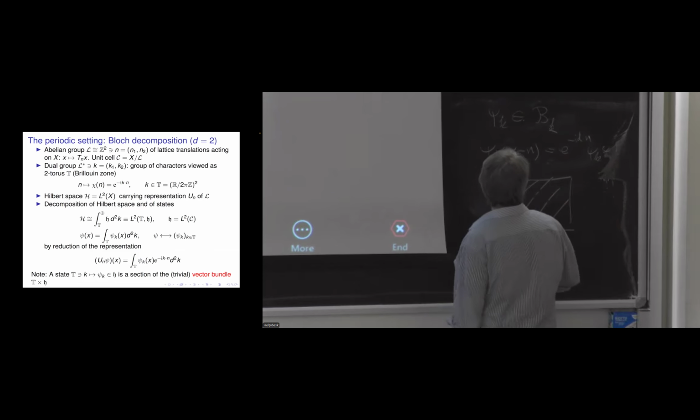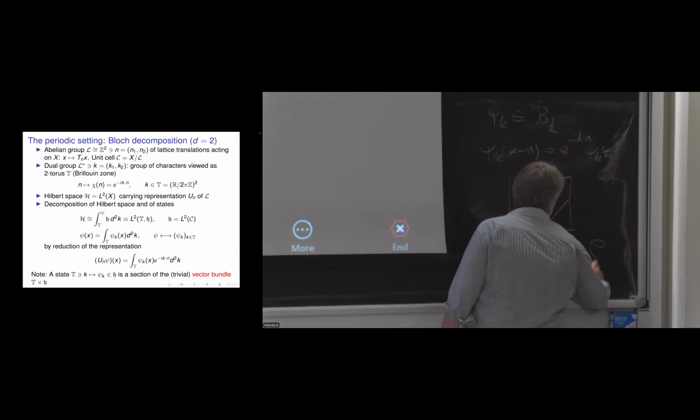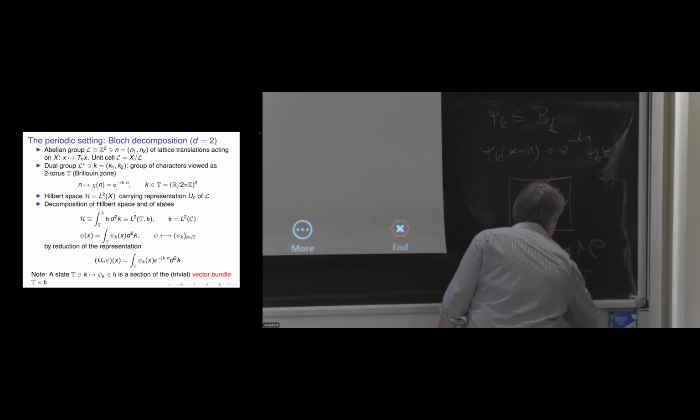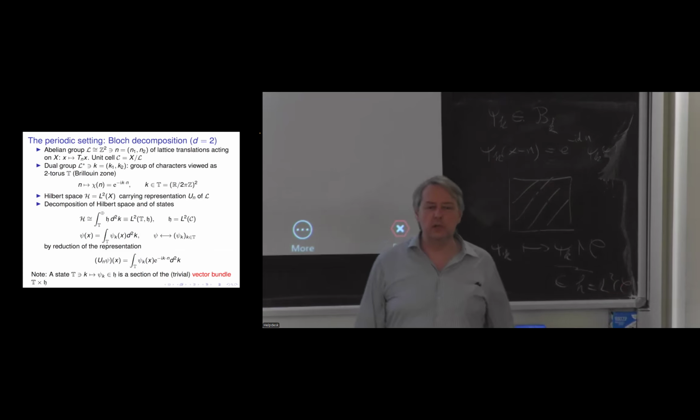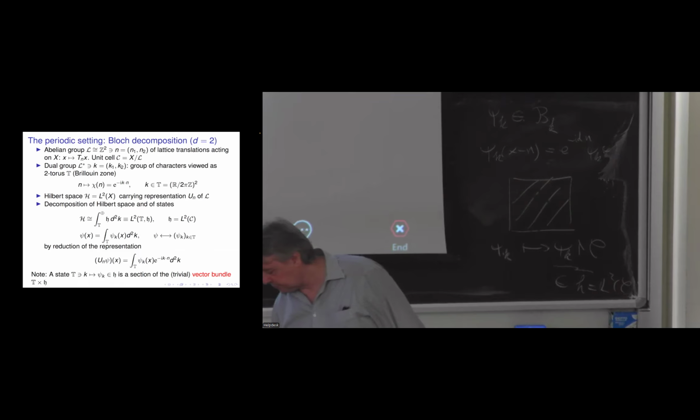This provides the psi k restriction, psi k in itself, which then as an element is in this L2 of the unit cell that provides the global trivialization.